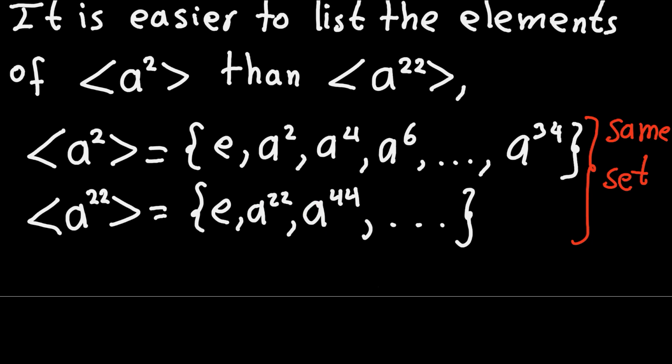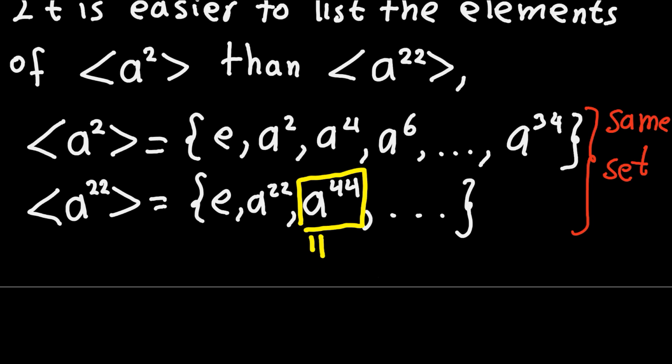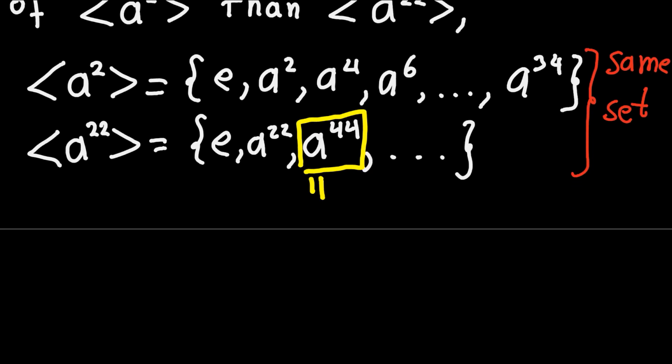Now this number, a to the 44, can be reduced a little bit, and let's see how. You take a to the 44, and I'm going to split it up in a way that gives me a to the 36. So this can be split up as a to the 36 times a to the 8.